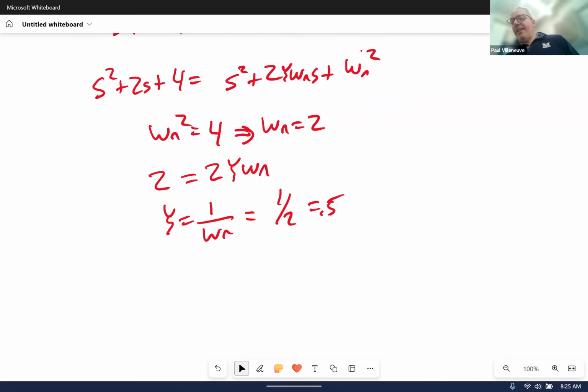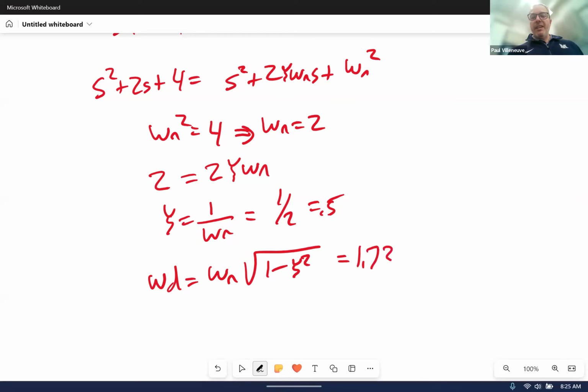And then the only thing that you had to have the equation for was the damped natural frequency. So I'll show you the actual equation. This is omega sub n times the square root of 1 minus zeta squared. So that's equal to 1.73.